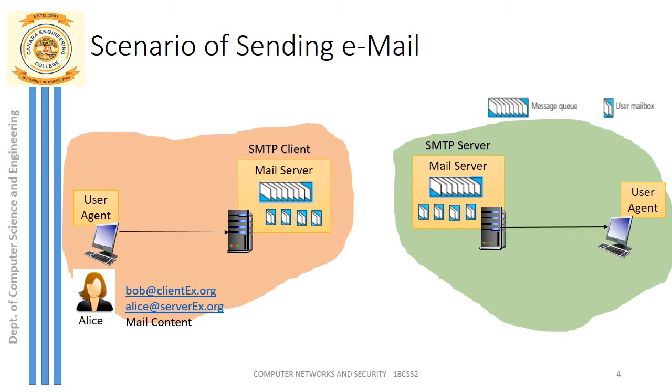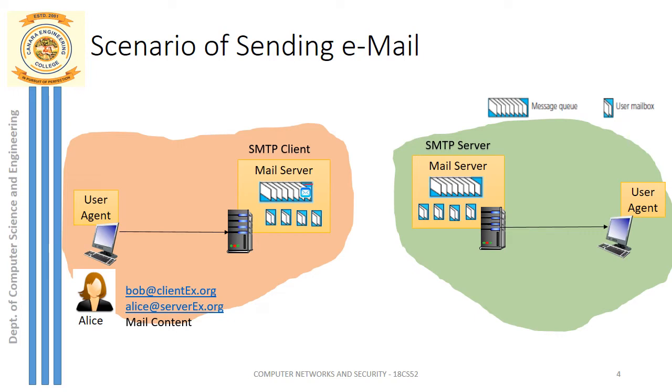Here, the sender's mail server will be running the SMTP client program and it will attempt to connect to the SMTP server, that is the receiver's mail server. The sender's mail server receives the message sent by the user agent and stores it in the message queue.